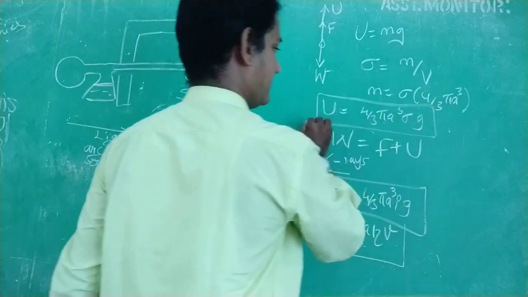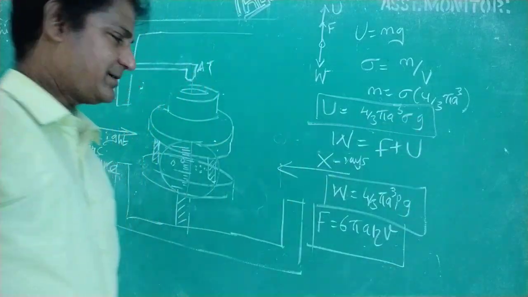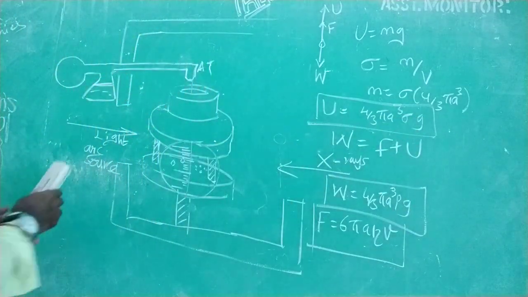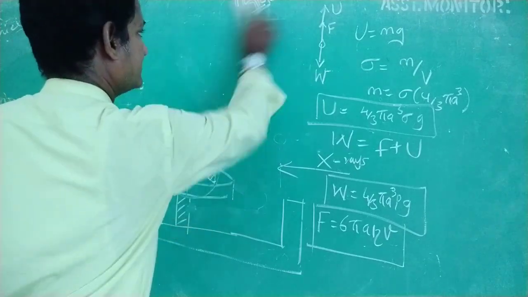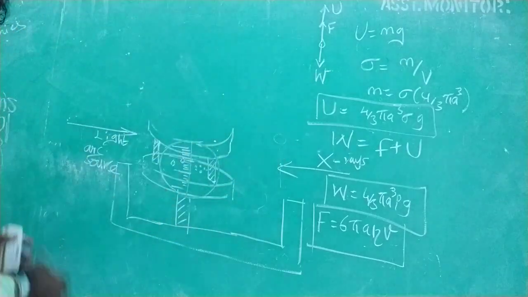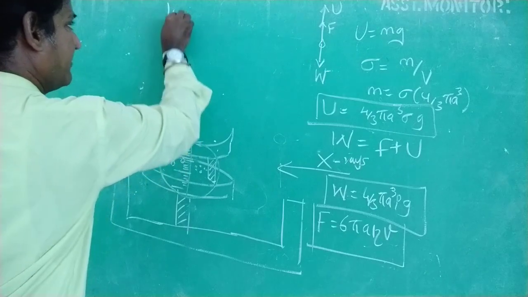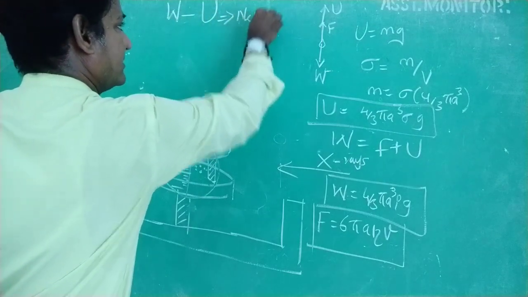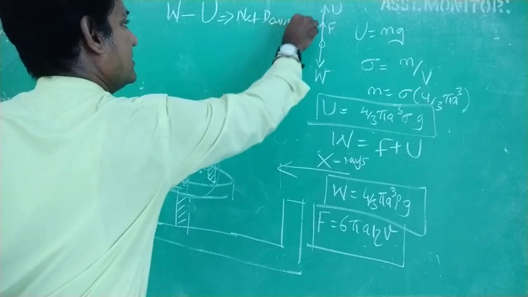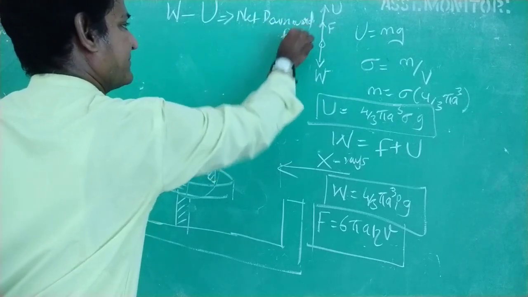Here we are going to see one thing, that W minus U is called the net downward force, NDF. You can shortly call it NDF.